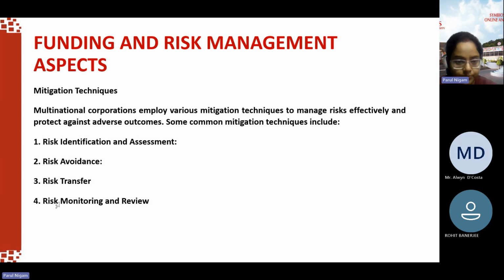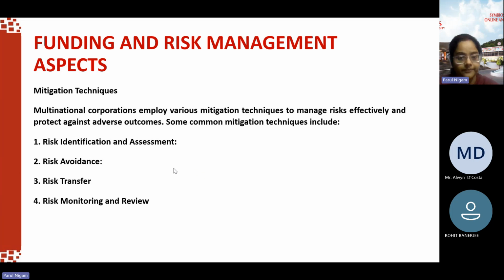So you can say that international financing exposes the entire economy to multiple risks, such as currency fluctuations, interest rate volatility, political instability, and credit defaults also. So there are various ways which you can employ to mitigate those risks.